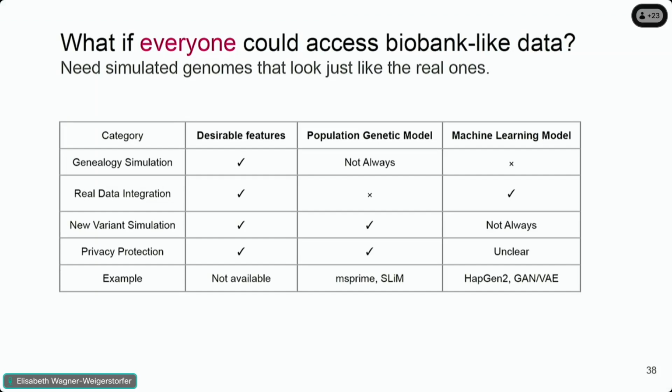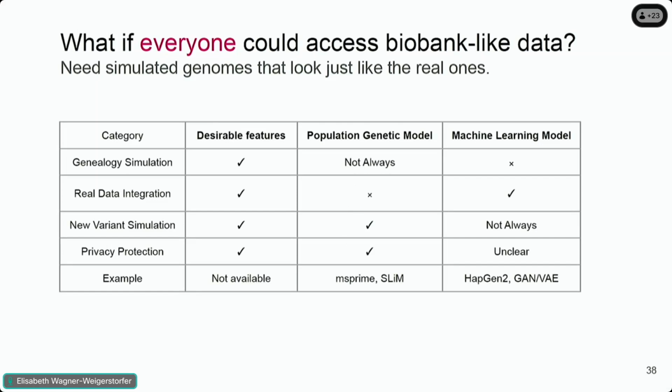So about this, we have to think about how to simulate data that's more real than what we could simulate with a population genetic simulator or with a machine learning model. With a population genetic simulator, even though we can simulate genomes based on some parameters, they don't have the same distribution as the real data.